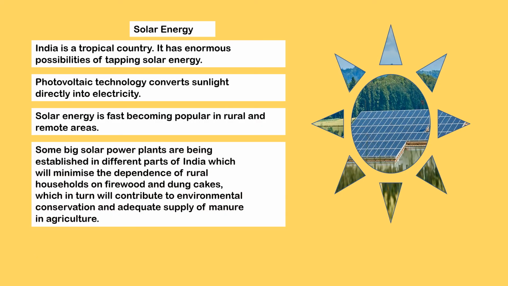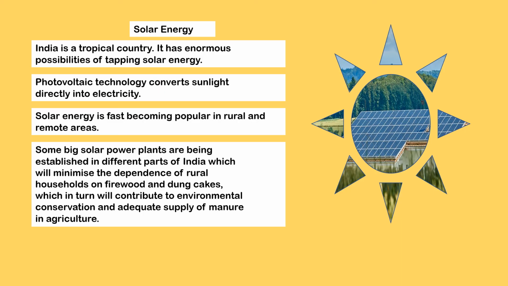So now let's learn about the importance of solar energy. Some big solar power plants are being established in different parts of India. So we are trying to depend more on solar energy and less on conventional fuels such as cow dung and firewood, right? As they are contributing to environmental pollution.